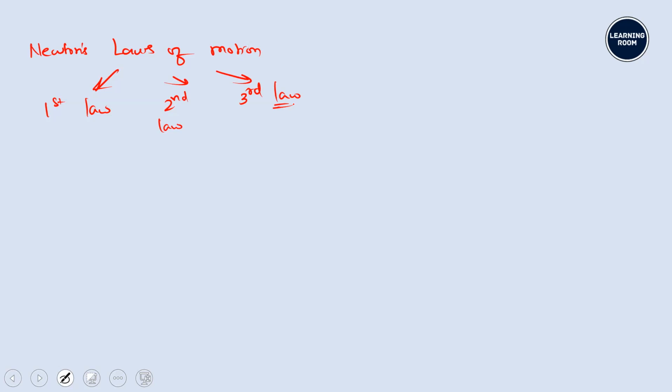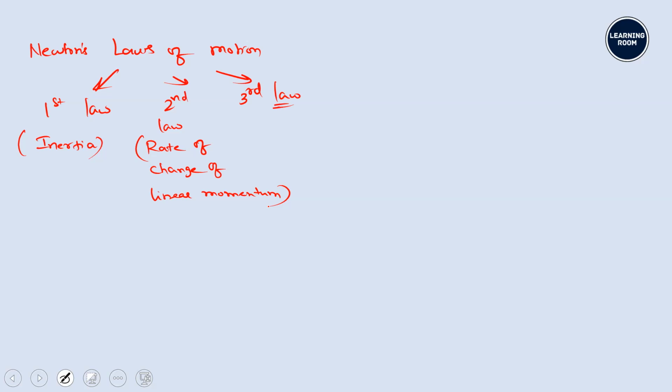So we have this first law, second law, and the third. What does this first law speak about? The first law speaks about a concept called inertia. The second law speaks about a parameter called the rate of change of linear momentum.